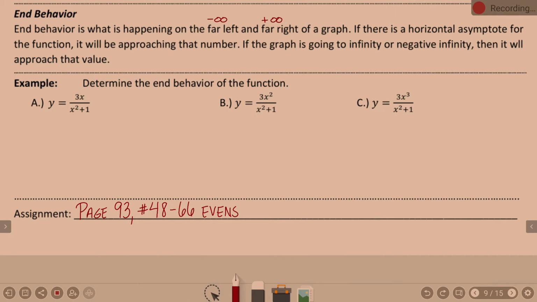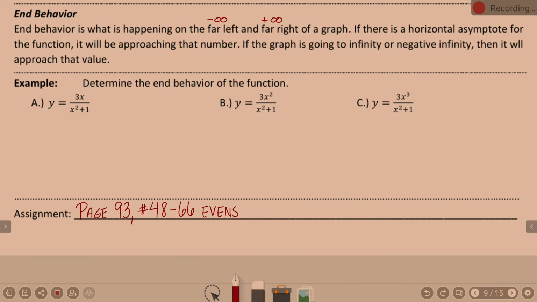If there is a horizontal asymptote for the function, it will be approaching that number. So horizontal asymptotes are essentially end behavior. That's what the graph is doing at the end. It's approaching that horizontal asymptote. If the graph is going to infinity or negative infinity, then it will not approach a value, and we'll talk about that probably with slant asymptotes.